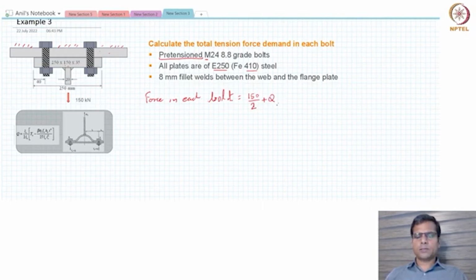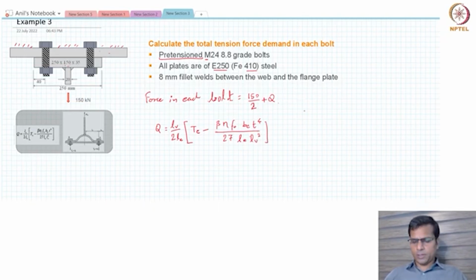So we need to calculate what the Q value is. Q value will be given by LV divided by 2LE, multiplied by TE, which is the force in each bolt without accounting for the prying action, minus beta eta F0 BE T to the power 4 divided by 27 LE LV squared.